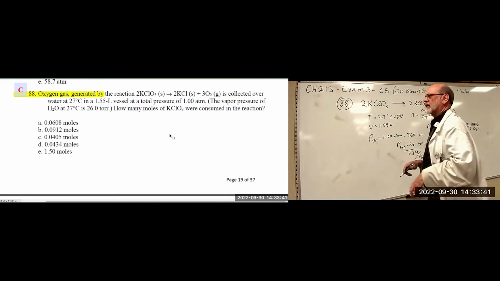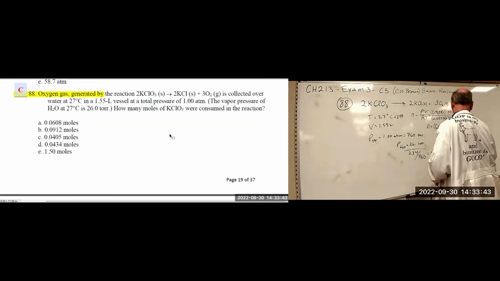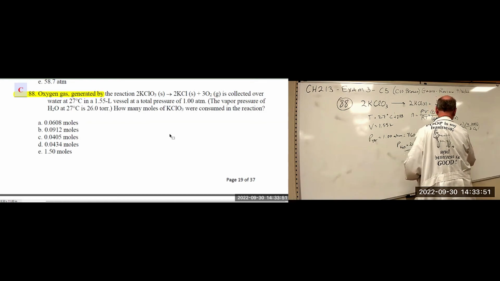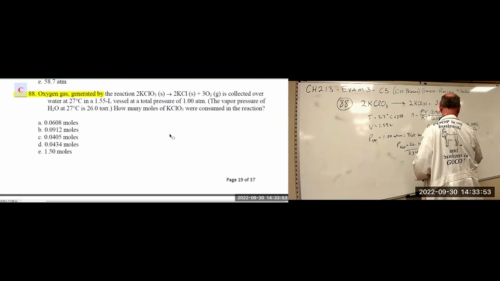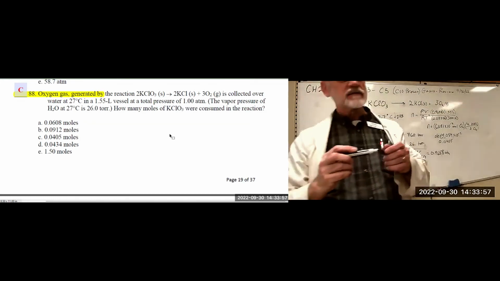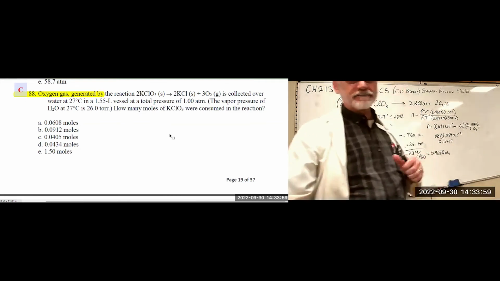But the answer is in standard notation, isn't it? So 0.0405 moles. C. Okay.